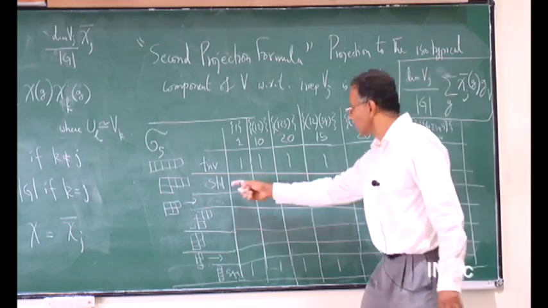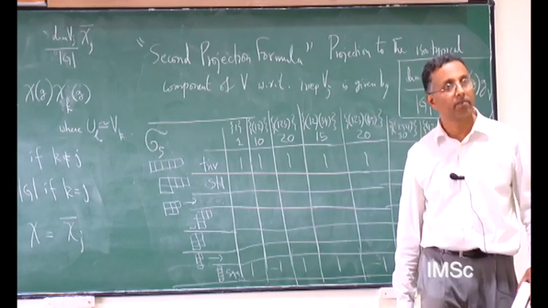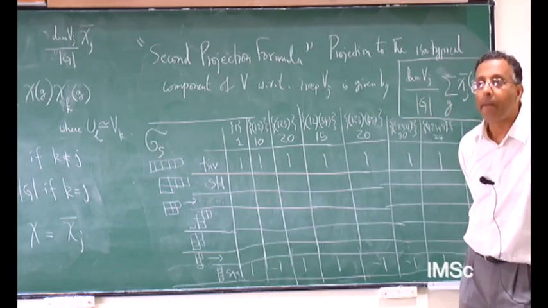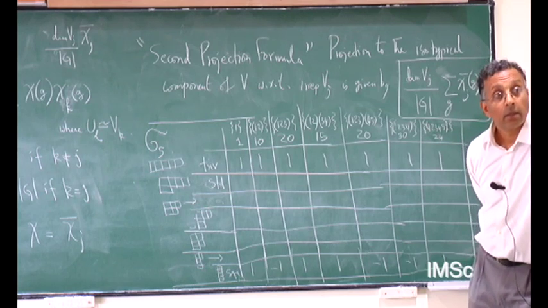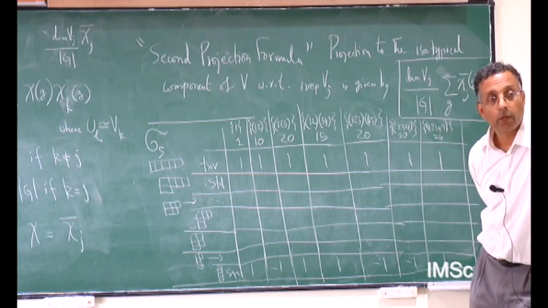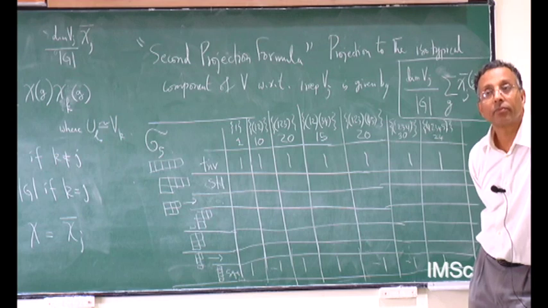How do you compute the standard, 4-dimensional? How do you compute its character? First it's 4.